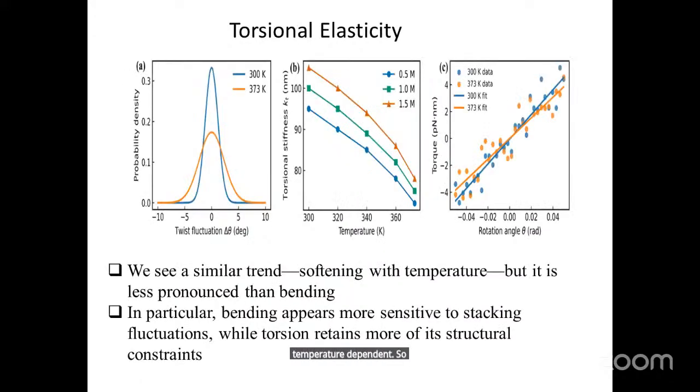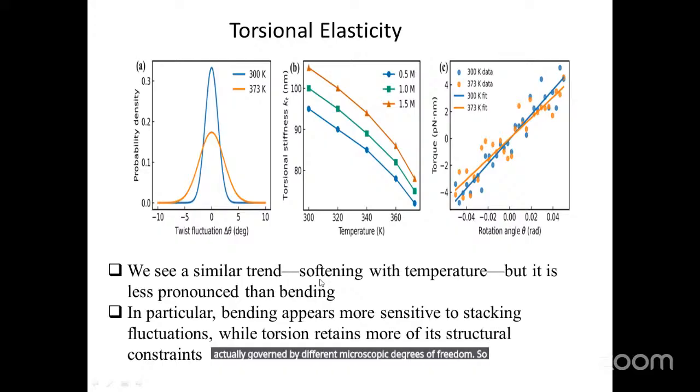We also considered the torsional elasticity. Looking at the torsional stiffness, we see a similar trend, which is softening with temperature, but it is less pronounced than bending. This suggests that bending and torsion are governed by different microscopic degrees of freedom.